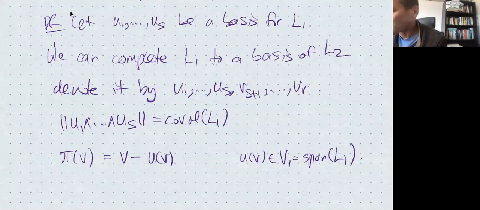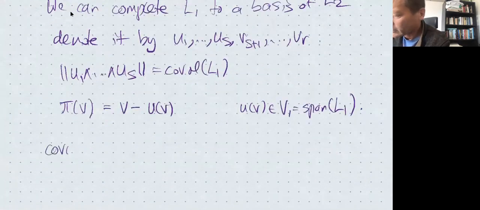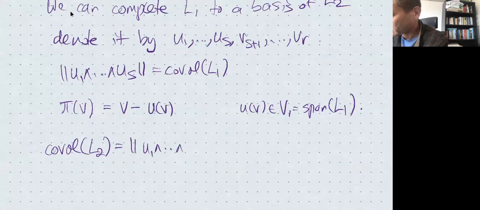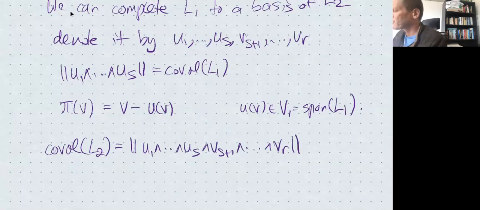You're projecting V onto the perp means you're subtracting the unique element of this space such that the result is orthogonal to it. So the co-volume of L2 is this thing by the previous corollary.